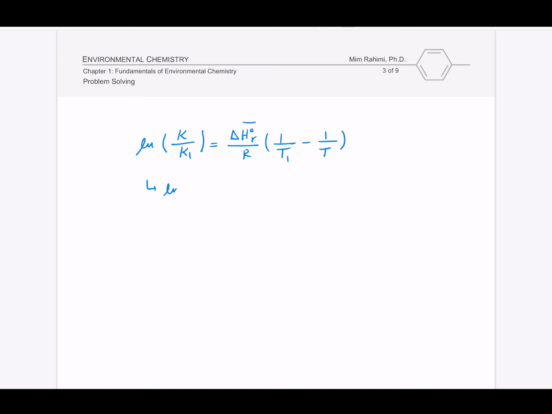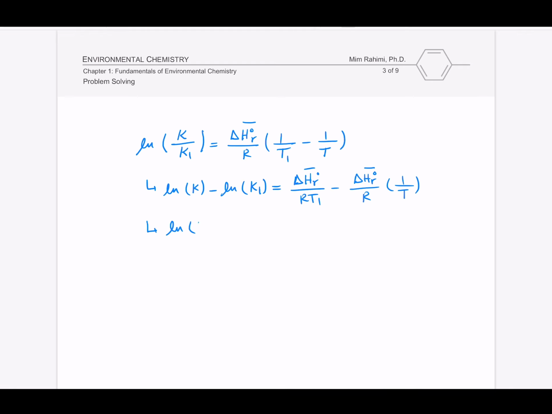So I can expand the natural log first, because this is something that I'm interested in. This is something that I know, so it's a constant. Then the same thing here, delta H R T1 minus delta H R0, R1 over T1. Or again, rearrange it a little bit.